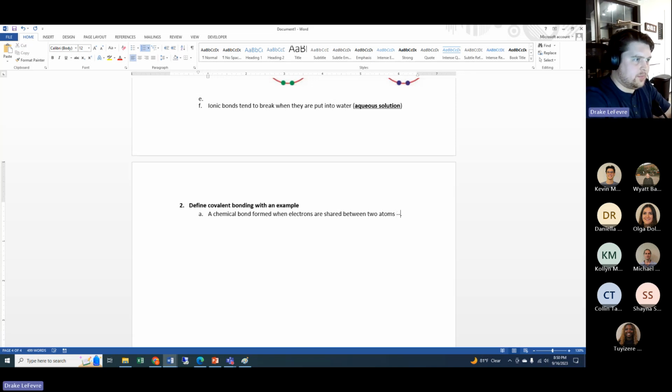Okay, so specifically, the electrons are shared between the two atoms. Specifically, they share the valence electrons between each other. Trying to think of a good example that we'll actually know.